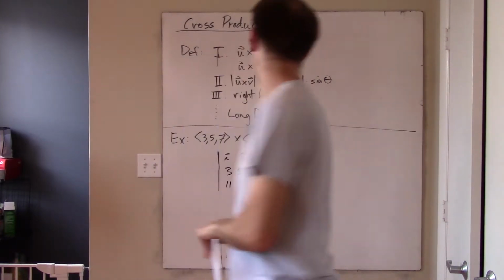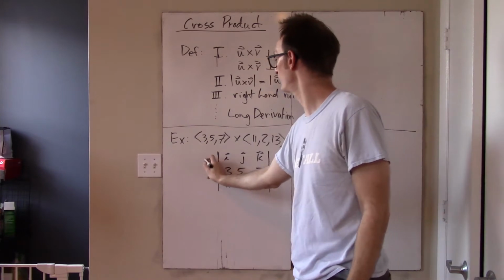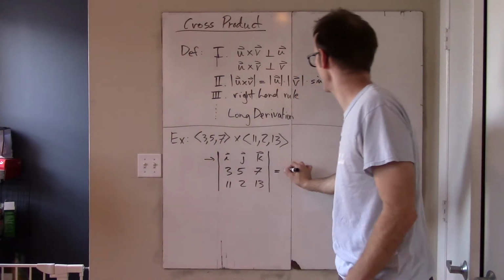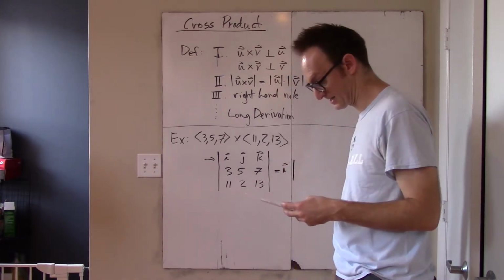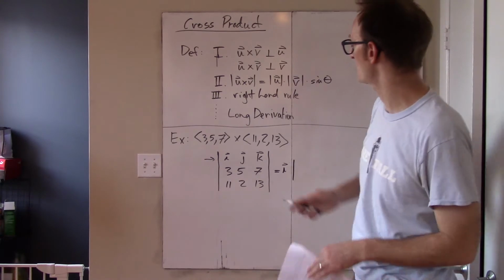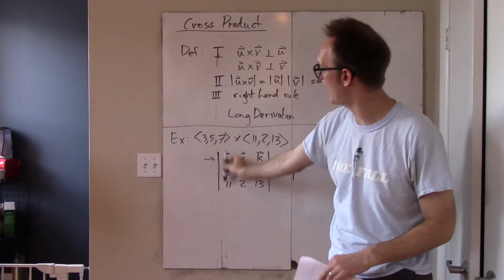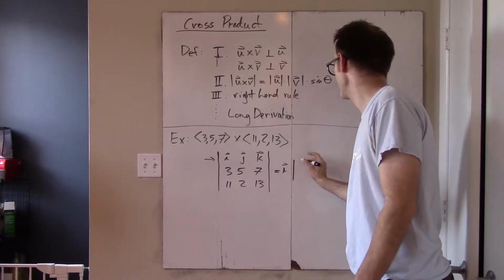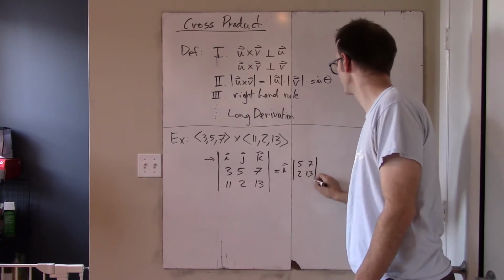Okay, and then you just move along this first row. You go i, and then you mentally imagine that row 1 is deleted and column 1 is deleted, leaving you with this little box, 5, 7, 2, 13.